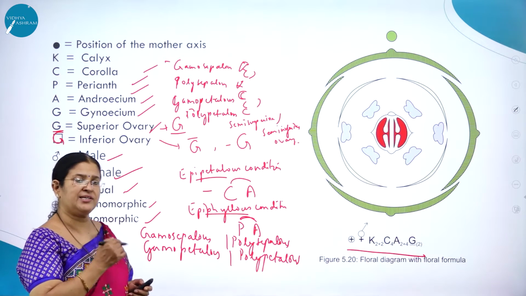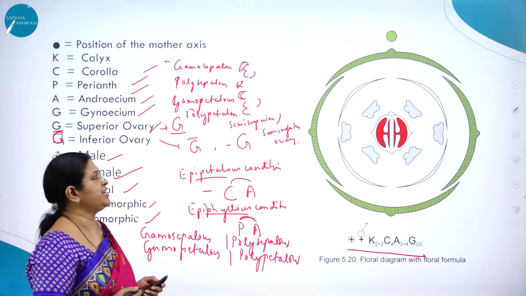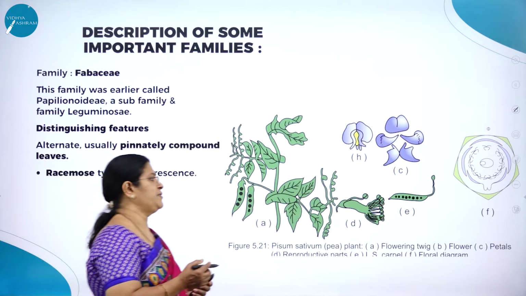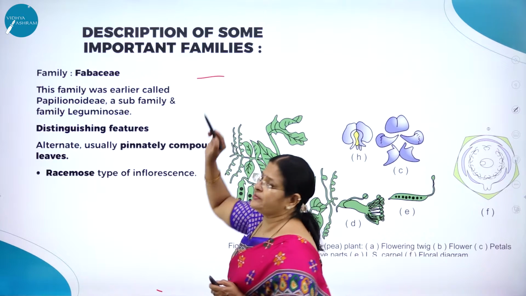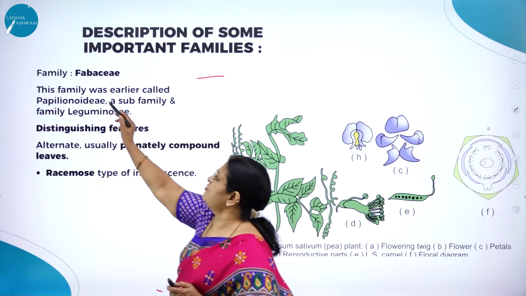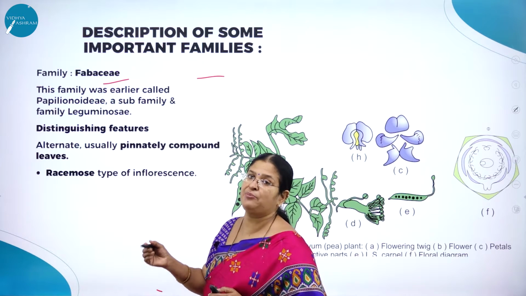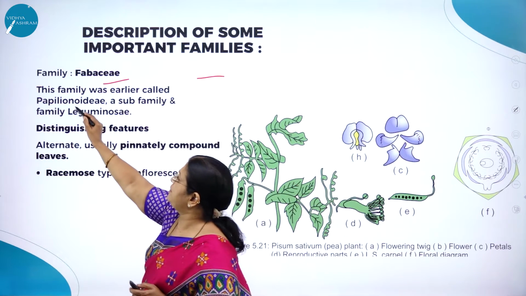So now let us understand this with one very important family called Fabaceae. This is the picture of the Fabaceae family. Now, how do we describe a family? Let us take an example of Fabaceae. Fabaceae is also called Leguminosae, and this family was earlier called Papilionoidea.